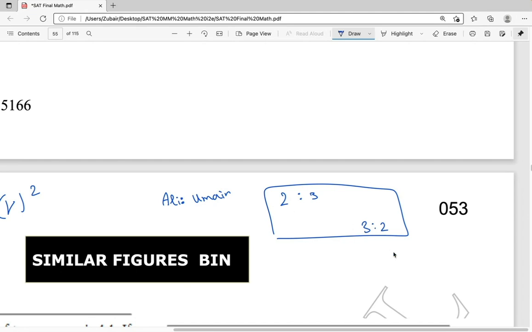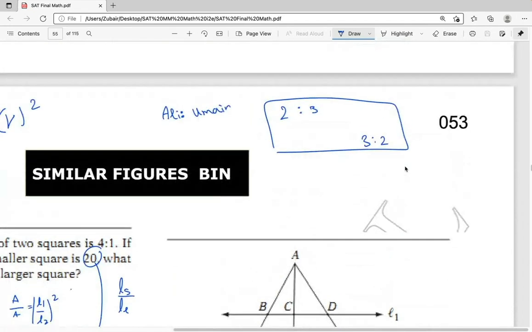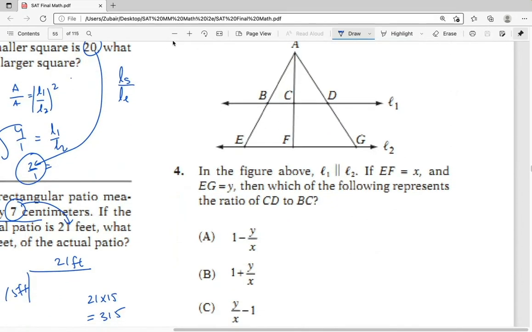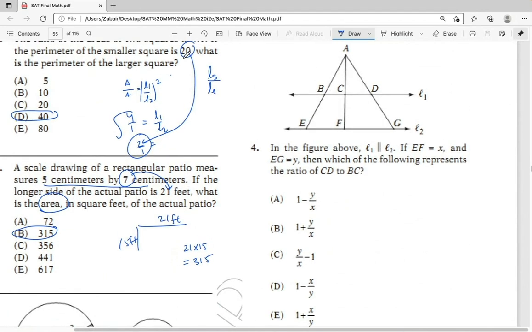So 2:3 and 3:2 are entirely different. They won't be acceptable, and you'll have those two different options. 2:3 could be written as this, and this could be written as this. You'll need this concept in question number 4. Try number 4.